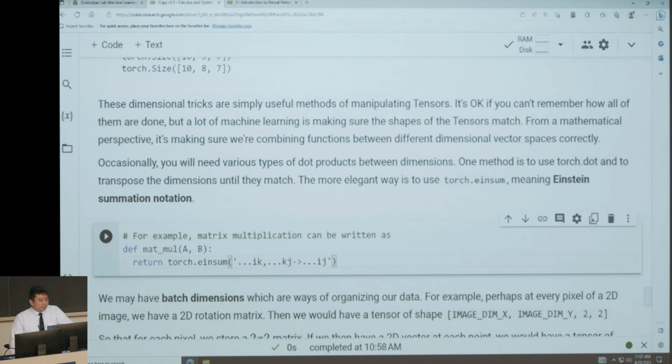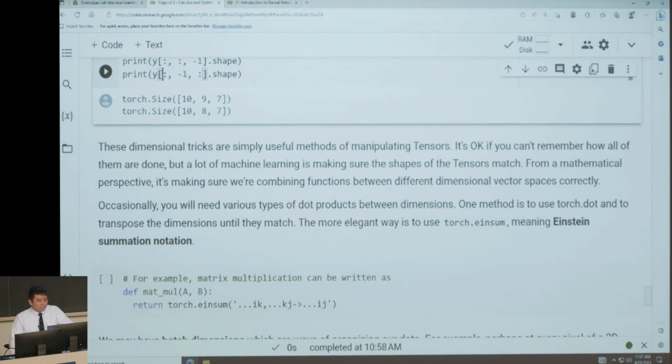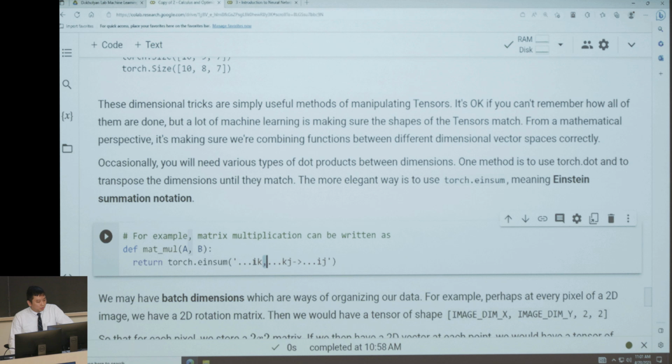This kind of syntax, this way of writing these indices, extends to other array operations you can perform. This is called the Einstein summation convention. What it does is it takes all of the repeated indices that you've specified here, and it performs a sum on those dimensions.